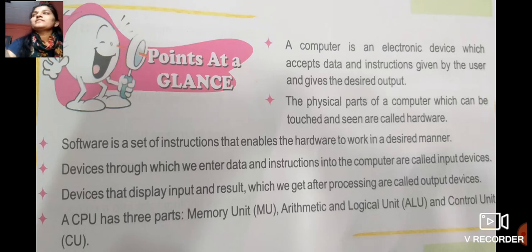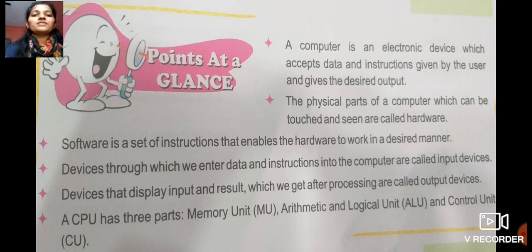A computer is an electronic device which accepts data and instructions given by the user and gives the desired output. The physical parts of a computer which can be touched and seen are called hardware. Software is a set of instructions that enables the hardware to work in the desired manner. Three parts of the CPU we have seen: memory unit, arithmetic and logic unit, control unit.